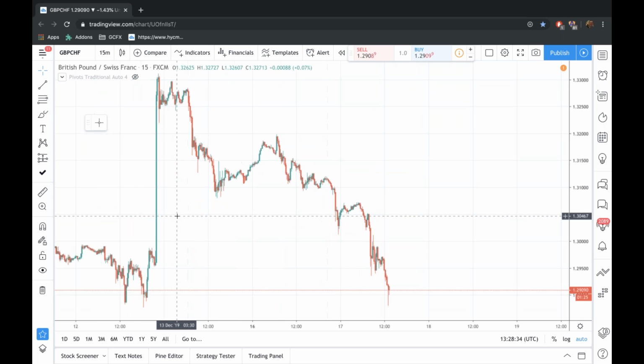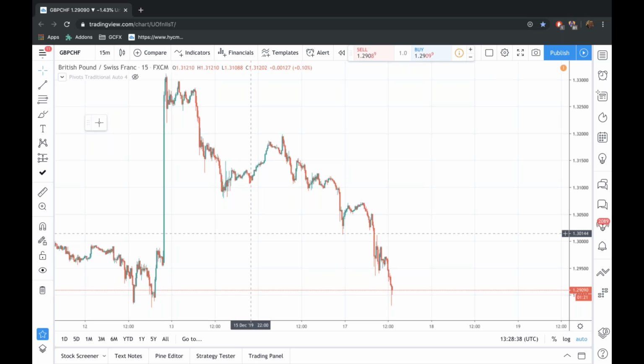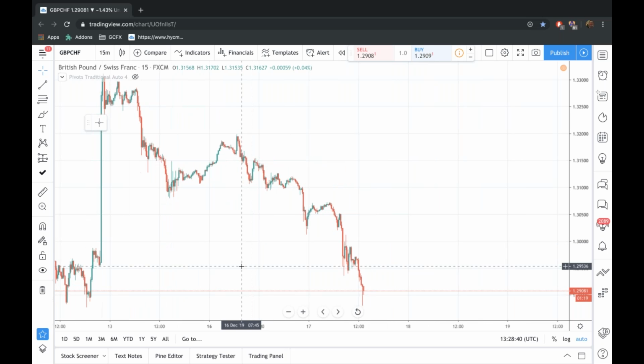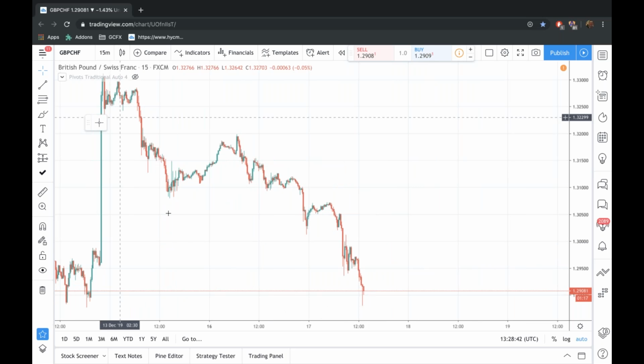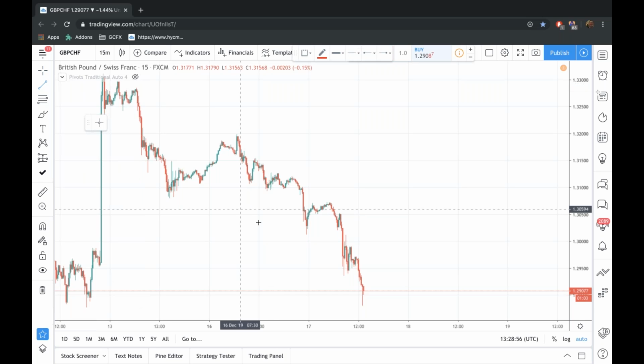Well, you can see some of the key places to enter. I'll show you. So any retracements back up to, let's have a look at a good way of drawing this. I'll just do a little.